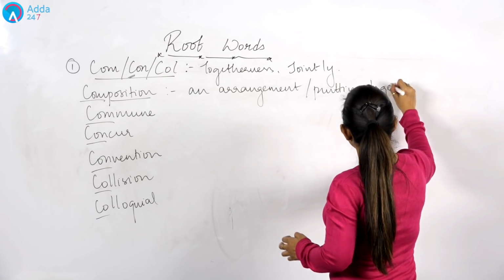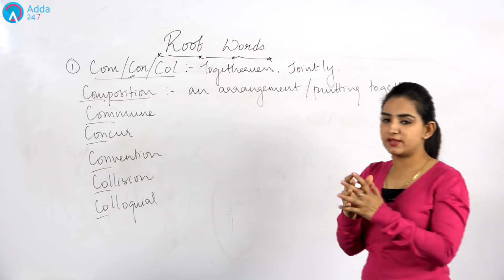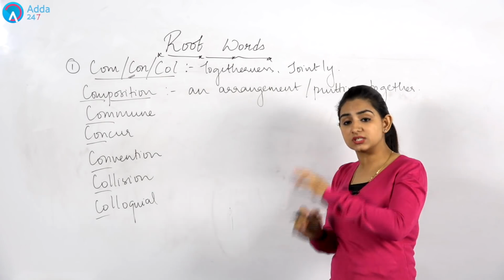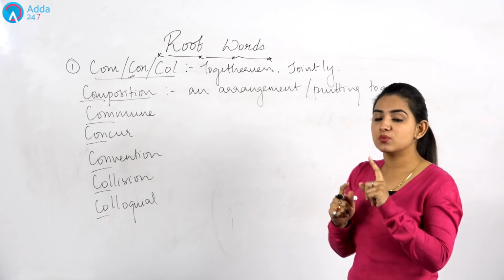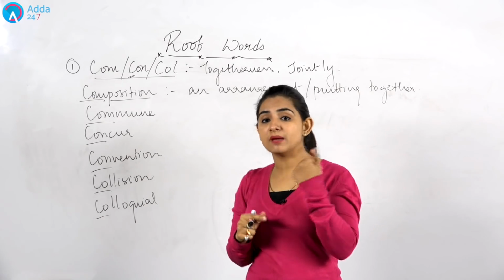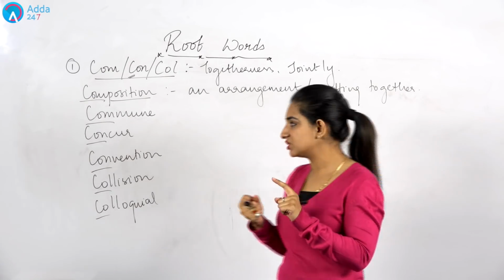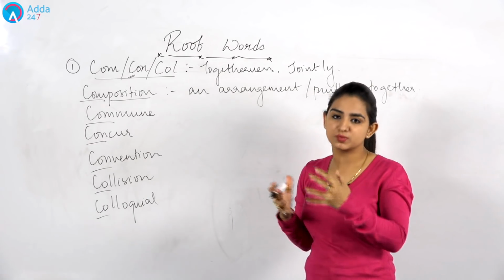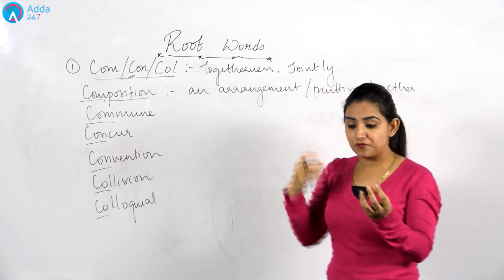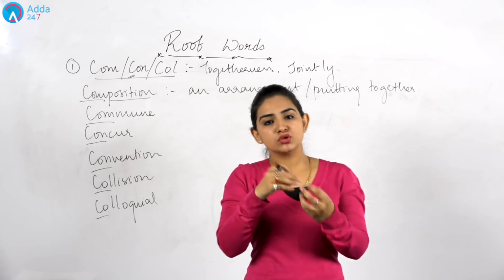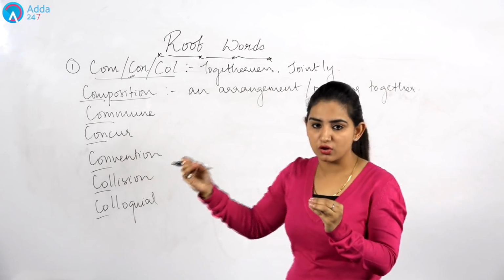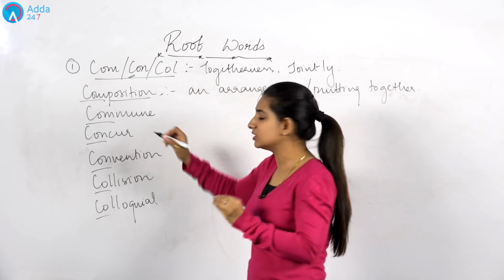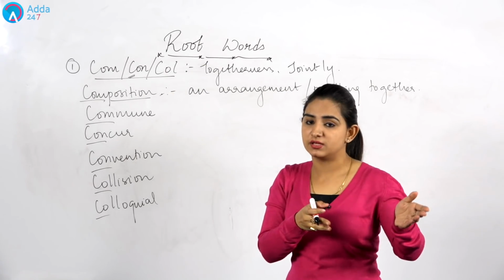So if you have a lot of things and you arrange them together, you put them together according to certain classifications, then we use the word composition. This is a word that is generally used by musicians. If you refer to musicians, they have a lot of tunes with them and they have to fix in every tune so that it makes a song, it makes a melodious song, right? That is what we mean by composition, an arrangement of anything, right?